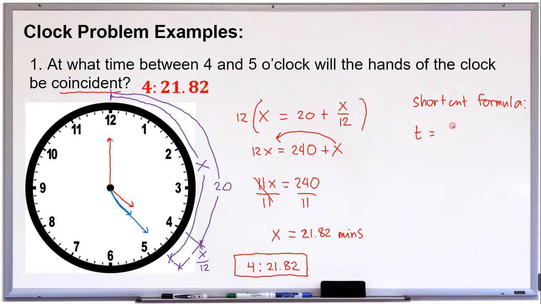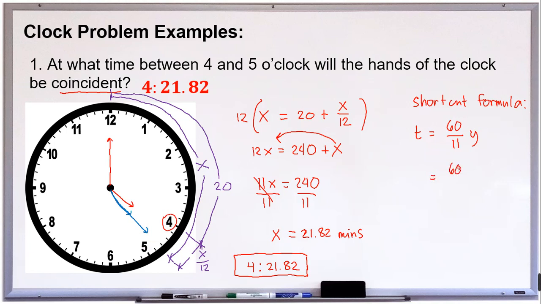So t is equal to 60 over 11 y. Our y is the number that comes before the minute hand. Again, I already told you from the previous slide that you need to keep track of the final position of our minute hand. In our illustration, the final position of our minute hand is between 4 and 5, so the number that comes before the minute hand is the number 4. So our y is equal to 4.